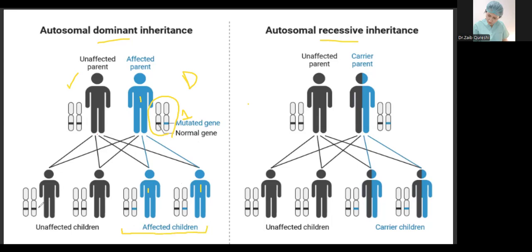Can you see two healthy and two diseased children? So there is a 50% chance that whenever they produce a baby, he can get the disease. Why do 50% of the babies get the disease? This is the point we are going to clarify in the discussion.